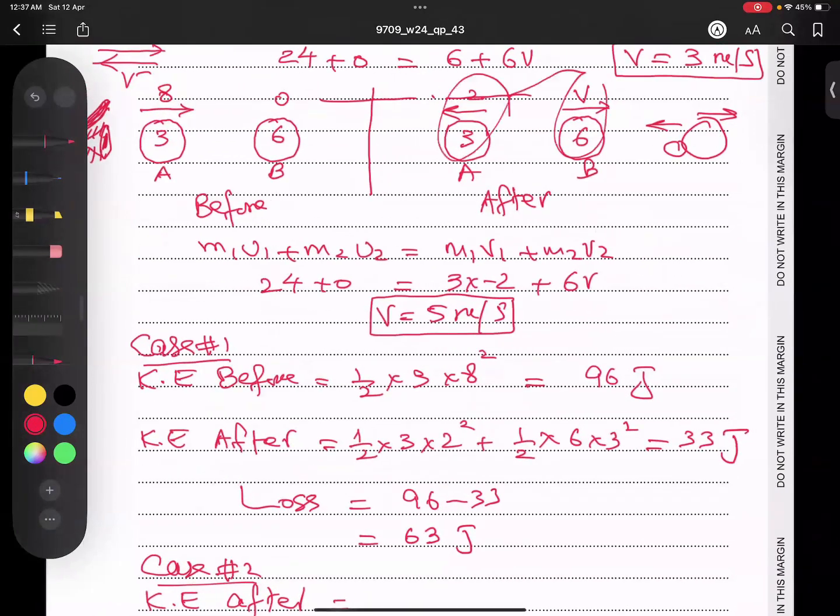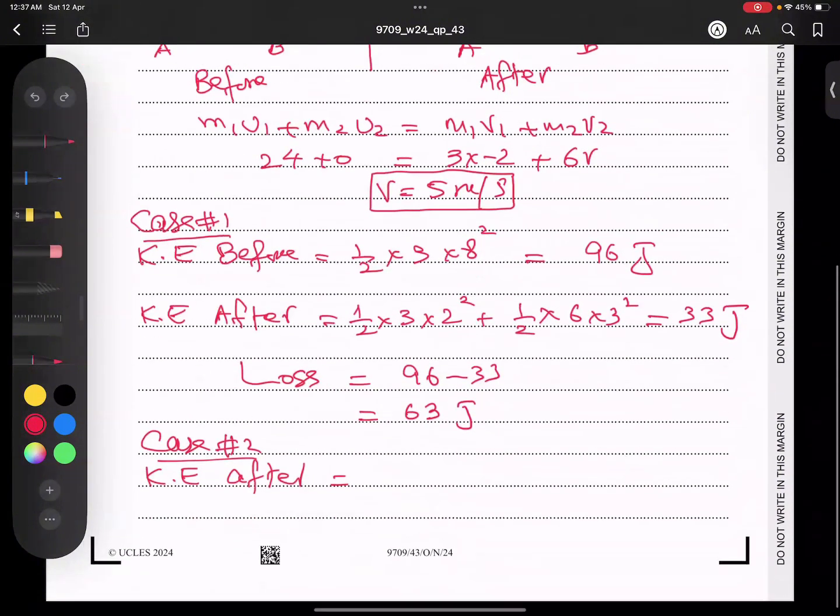And after, we have this. This is simple, but the speed in the second condition is 5. So half into mv square plus half into m5 square. And this will give us, if we check it in the calculator, 81 joules. And then what is the loss?